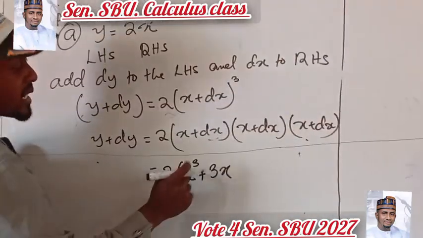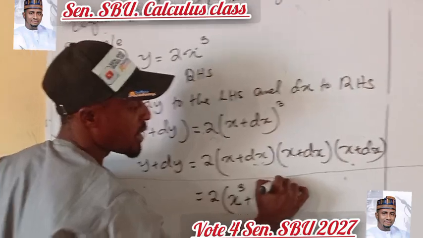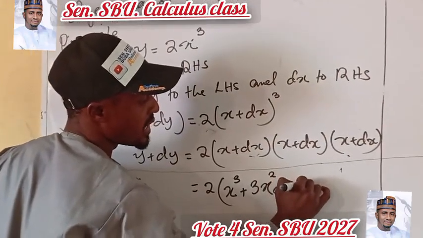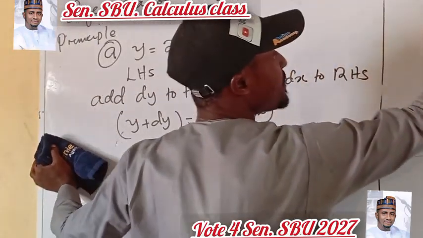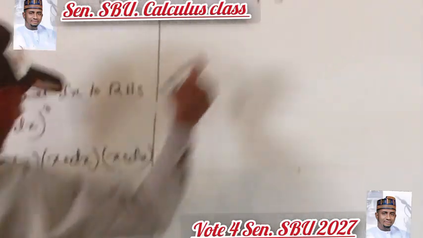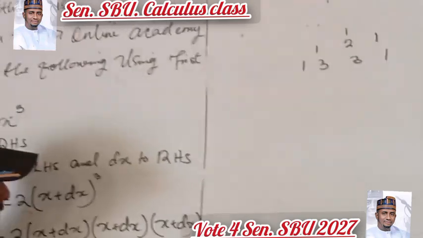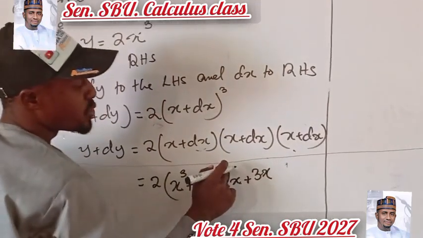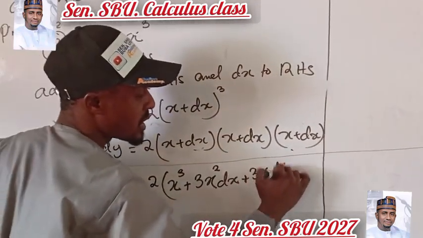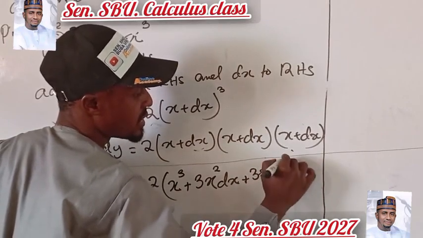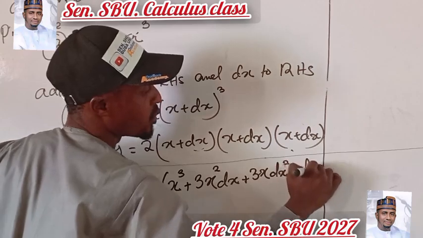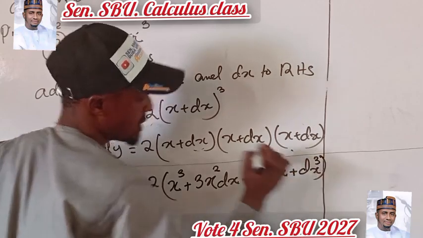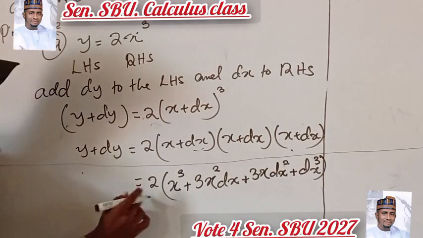Remember your rule for Pascal: x is power 3 here, it will decrease by 1 to the power 2. Then times δx. After picking 1 and 3, remain this 3, plus 3x reduced by 1 based on the Pascal rule, it is x δx squared. The δx what? Squared. Then plus δx to the power 3. This is it. Then you now open the bracket.